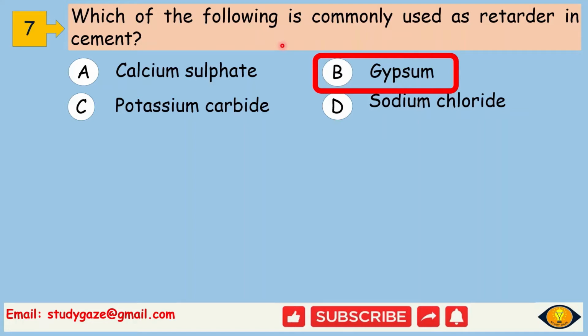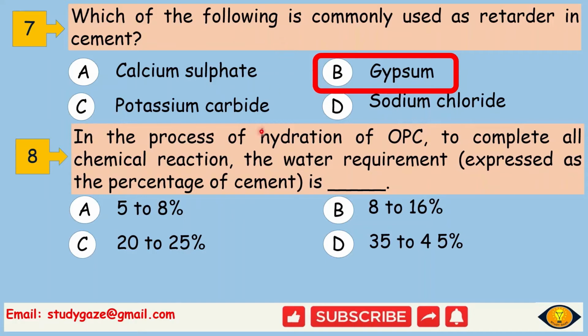Next, in the process of hydration of OPC, to complete all chemical reactions, the water requirement expressed as the percentage of cement is, so the water requirement for the hydration of OPC is 20 to 25%.